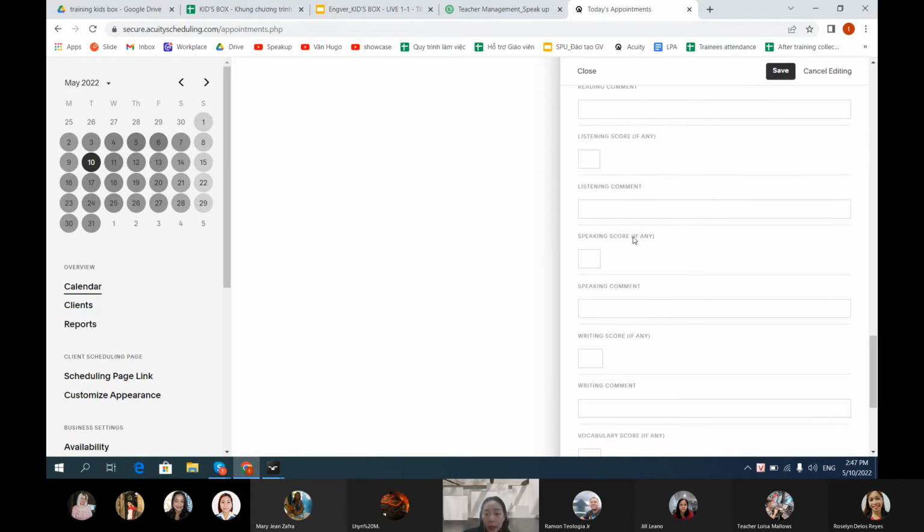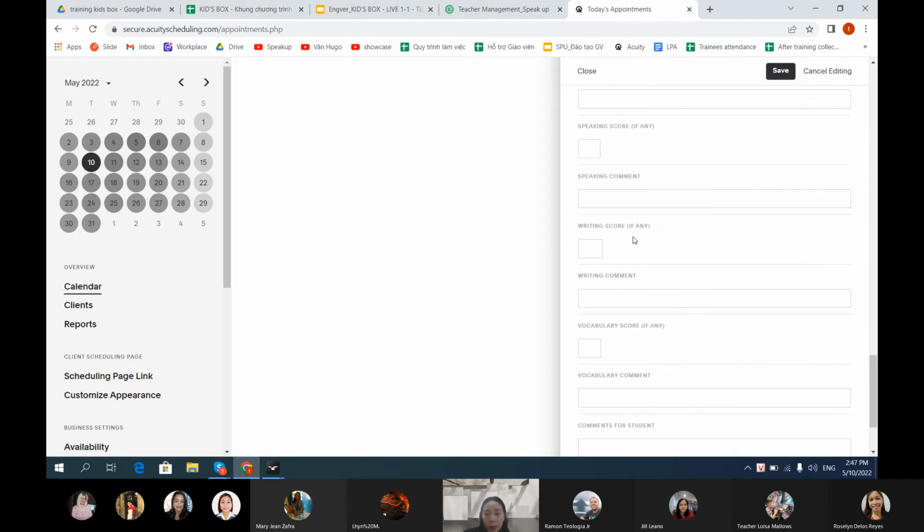Okay. All right. For example, when you click on the speaking score, you just see the maximum score is 5, right? But what if the student gets a 7 out of 10? What are we going to do? Okay, so you're going to write like this. For example, 7 dash 10, and then you will write the comment for speaking skill.